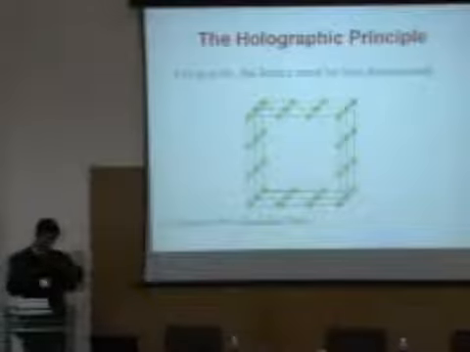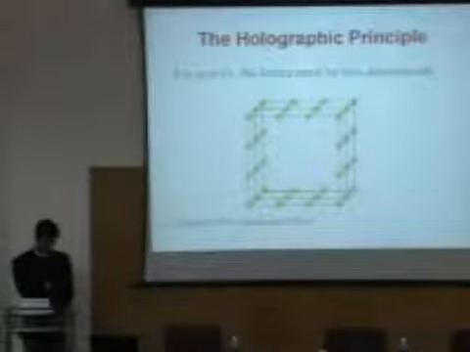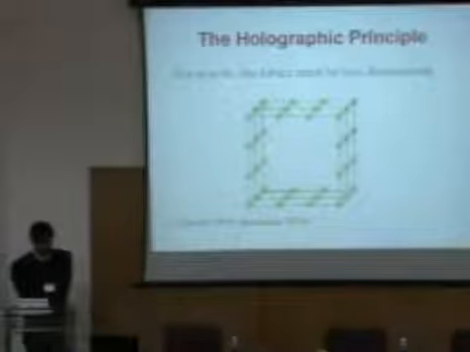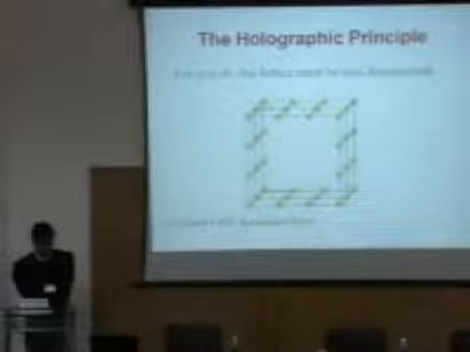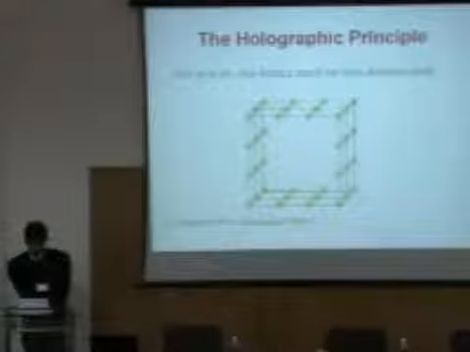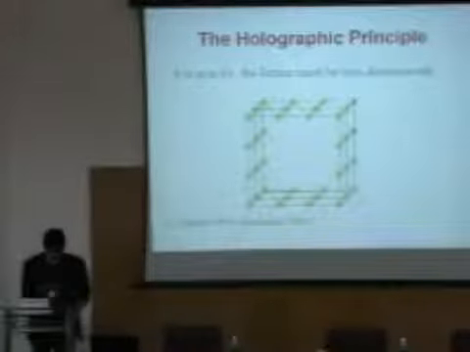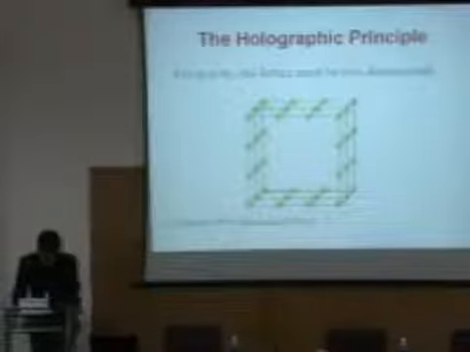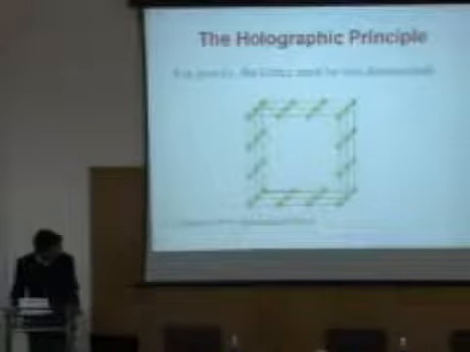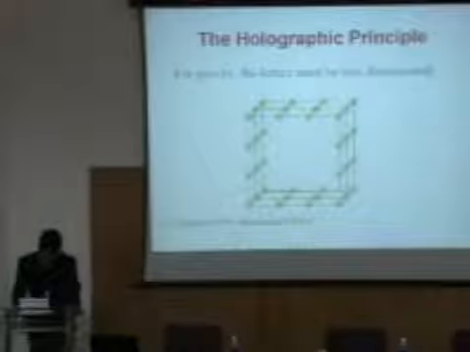Say it could be on the boundary of space-time, or in some way the number of spins has to be proportional to an area, not a volume, for quantum gravity to work. So this is the holographic principle, due to 't Hooft, who observed this in '93, and Susskind elaborated on it in '94.